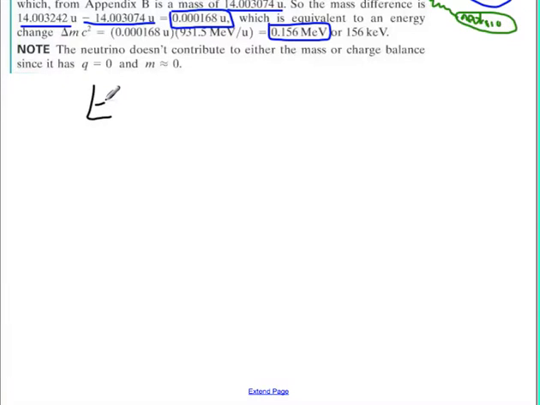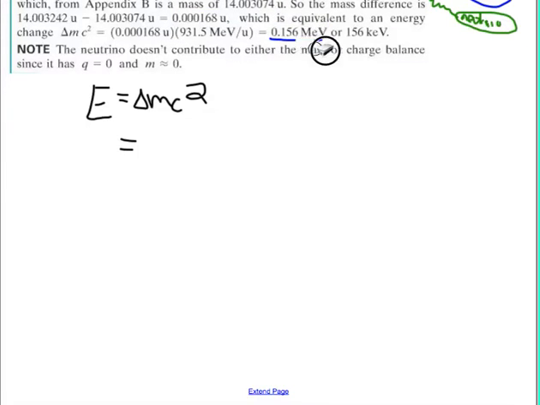So in other words, energy equals the change in mass times c squared. Here's how it feels better to me. We figured out the change in mass was this guy up here, right? So I'm going to get rid of some of this junk. There we go. The change in mass was this seemingly small amount, about some 10,000th of an atomic mass unit.